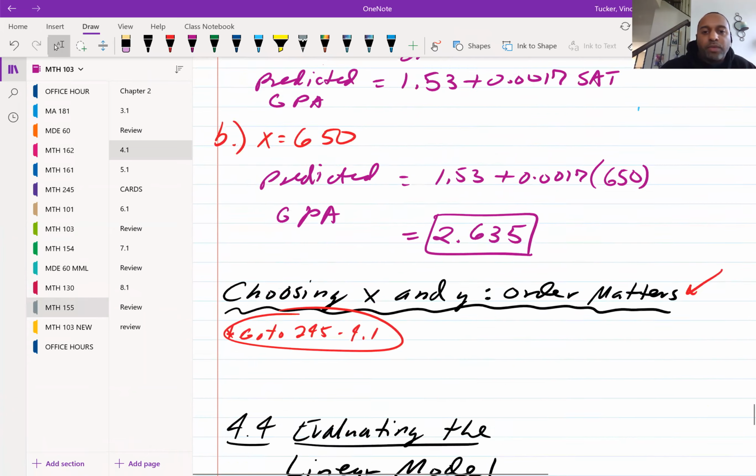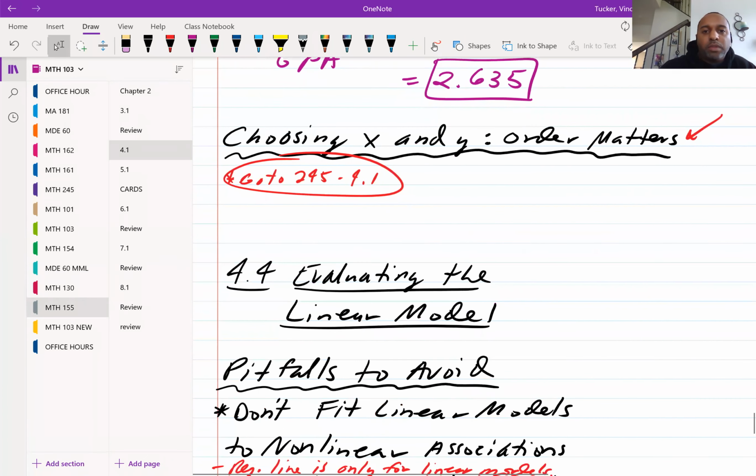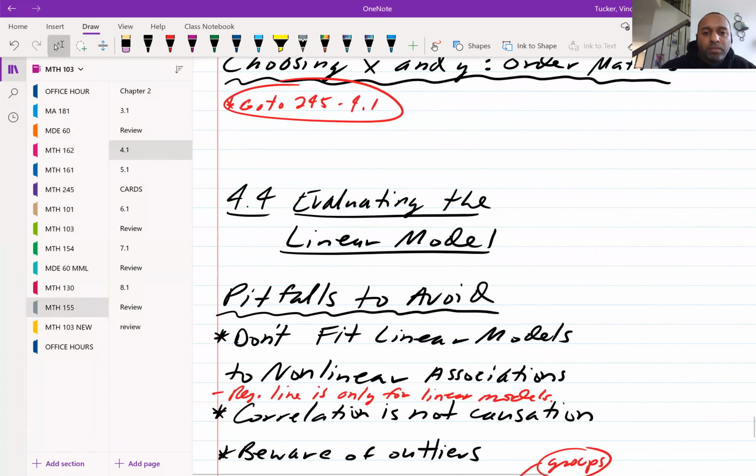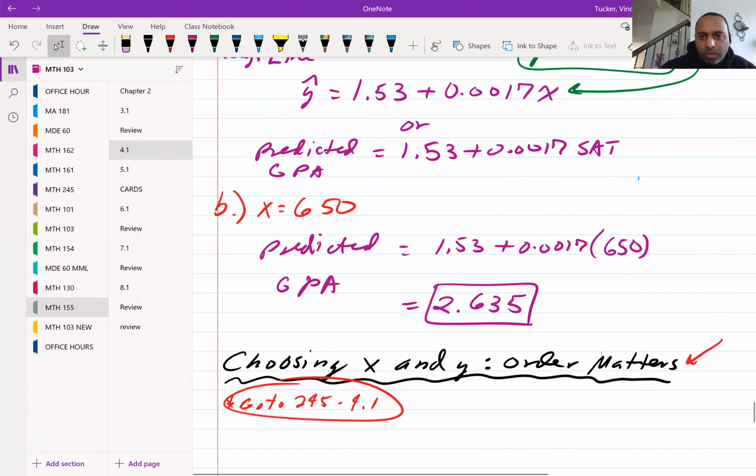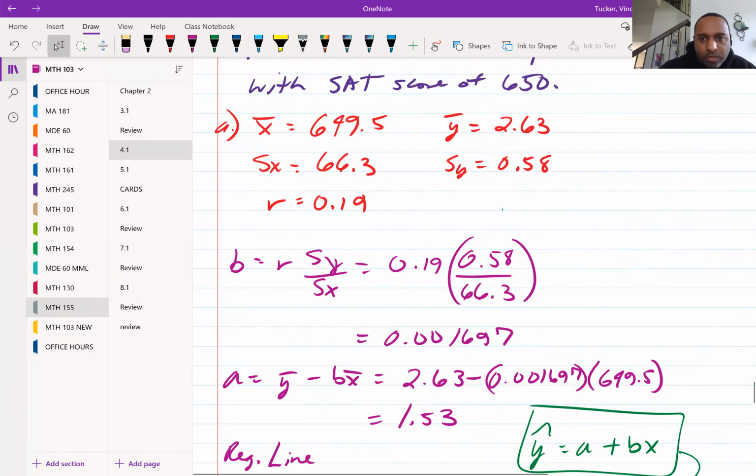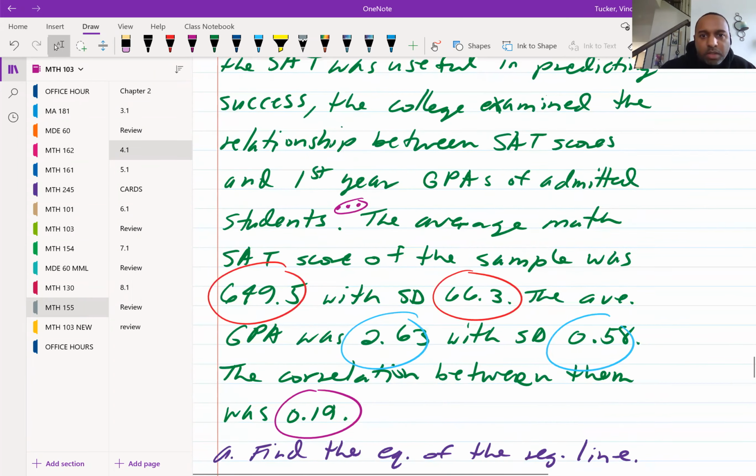All right, so that's 4.3. Trying to make sure that I had more to do. We got the regression line.